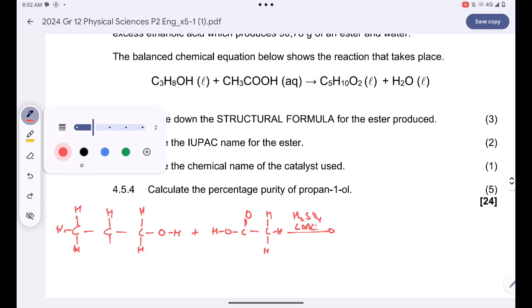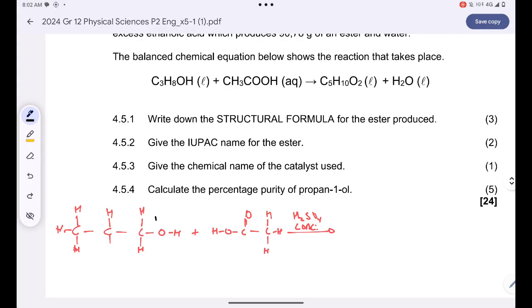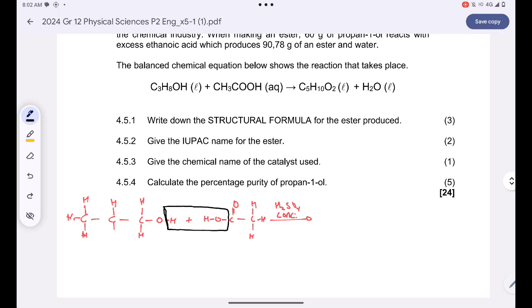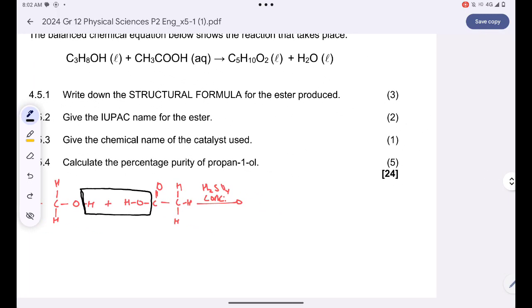And what will happen over here, guys, is that I'll form an ester by eliminating water. The alcohol will donate an H+, but the acid will donate an OH. And then I'll simply have an ester which looks like this: 1, 2, 3 with an O, and then a C with a double bond, and a C again. So this will be the structural formula of my ester, guys.